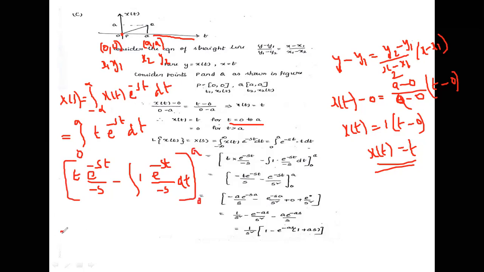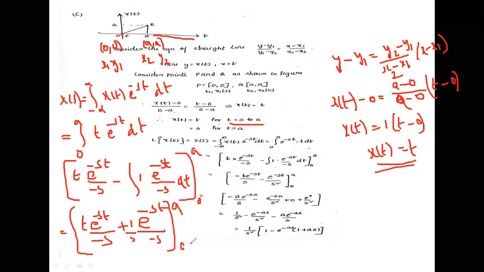Inside, we take t e power minus st by minus s; minus into minus becomes a plus. Again apply the integral, e power minus st by minus s, and we already have the 1 by s, so 1 by s square with upper limit a and lower limit 0.